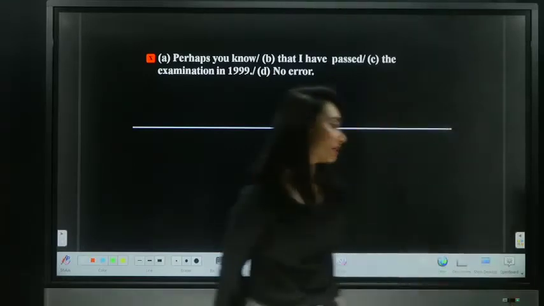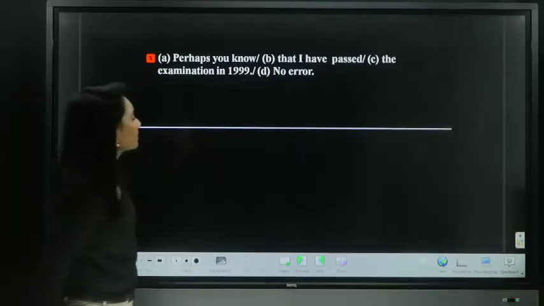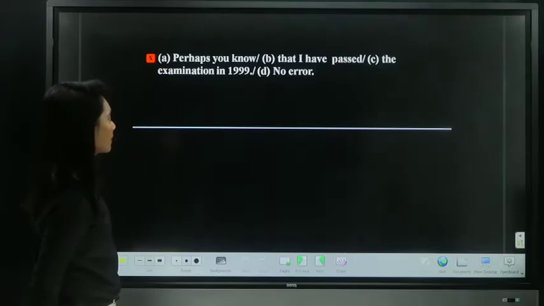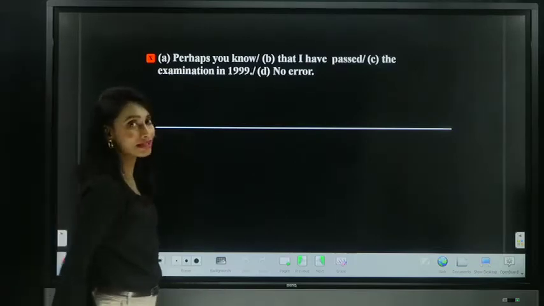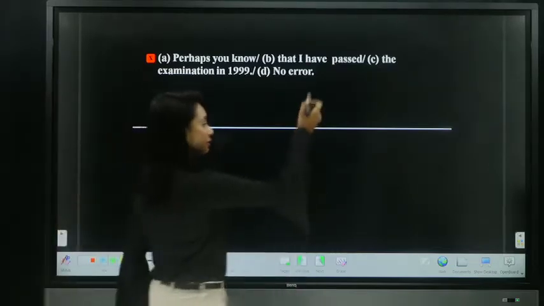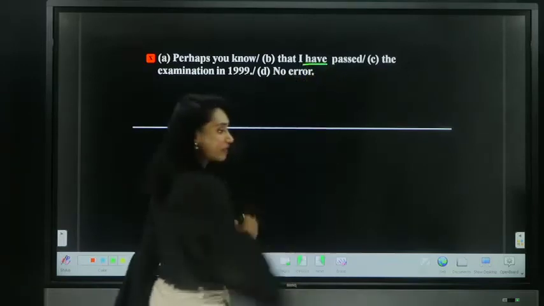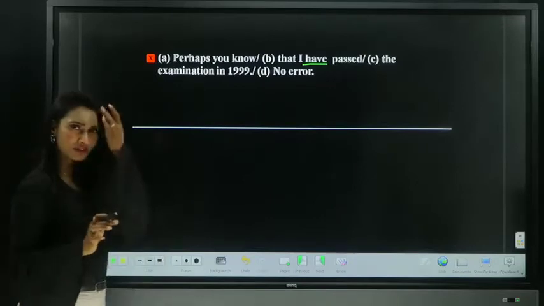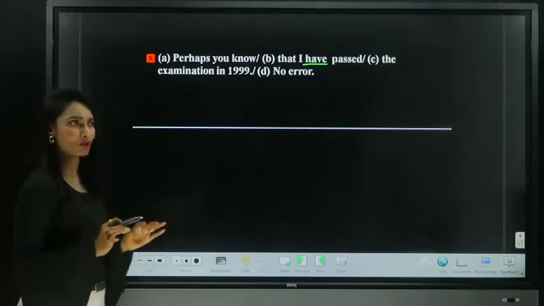Sunny, your answer for what? Which option have you chosen? Okay, you mean "I had passed the examination." If you want to go with this, I must say no. I just explained the same concept, and I have given one more example for it.